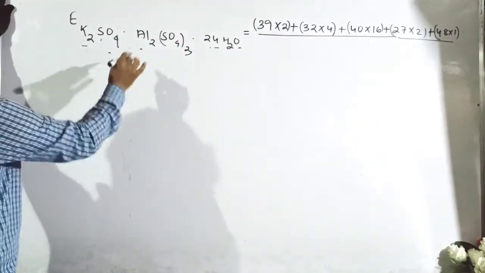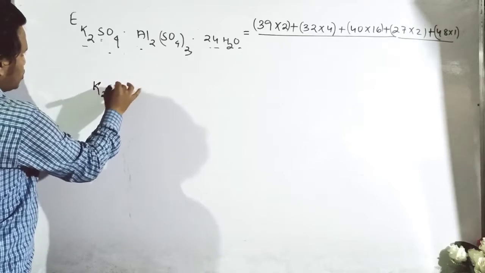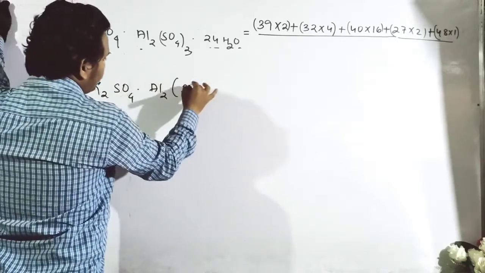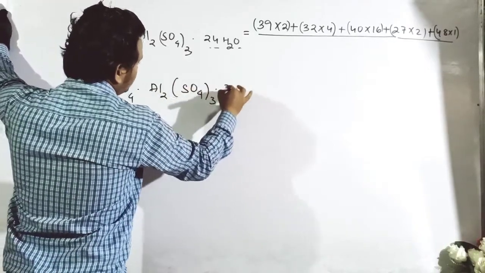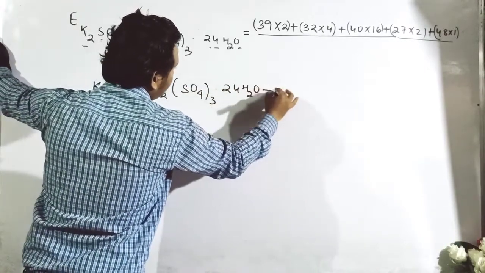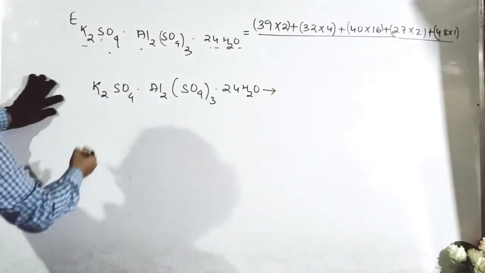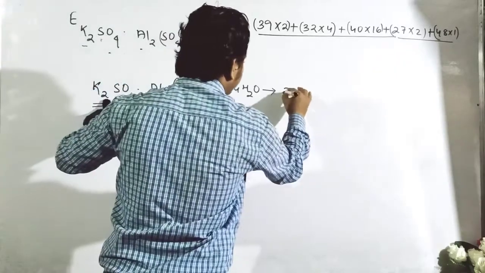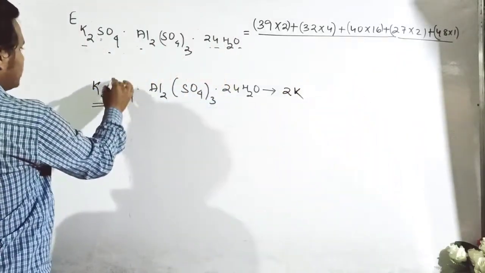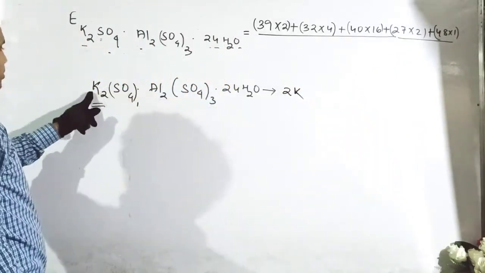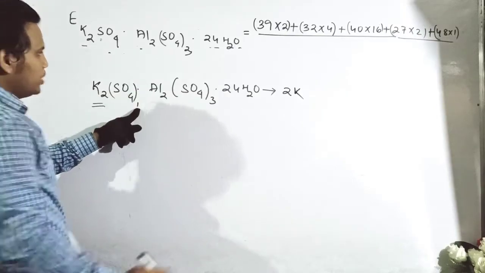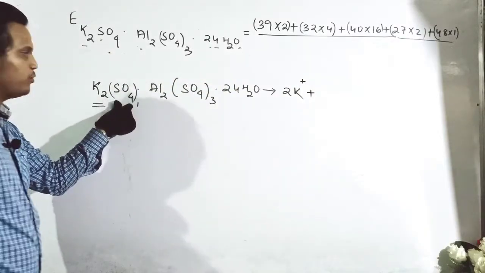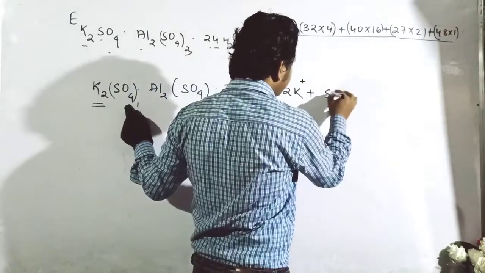Now, you can break it. Potassium sulfate dot aluminium sulfate dot 24 water. If you break, what will we get? First, potassium ion. So K 2 times. So 2 times of K, charge will be 1 positive. Plus, next, SO4, charge 2 minus.